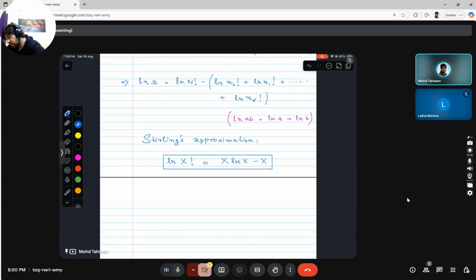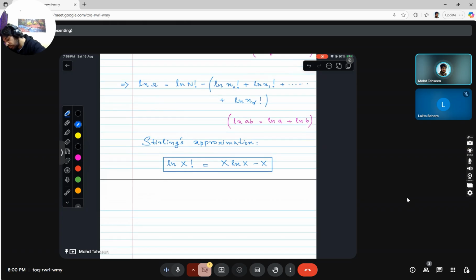Now if we use that in our above formula, log of omega is equal to, let's first apply this to log of n factorial, we will have n log n minus n. Then we will apply it to the others.